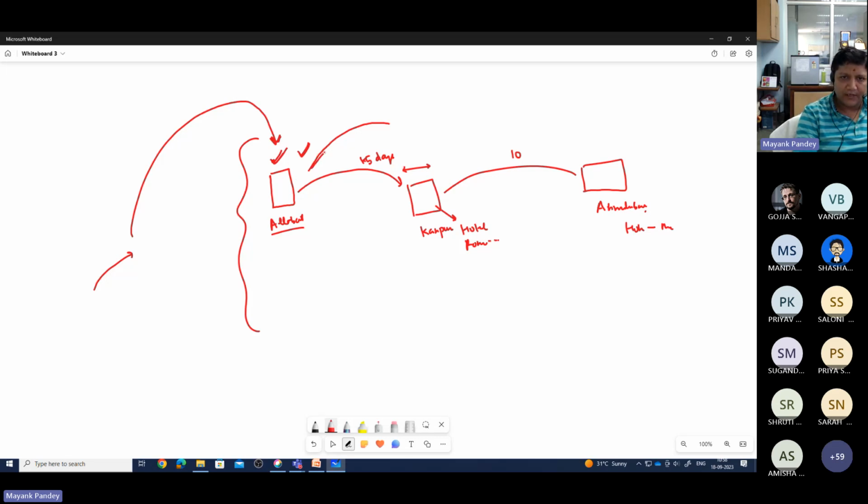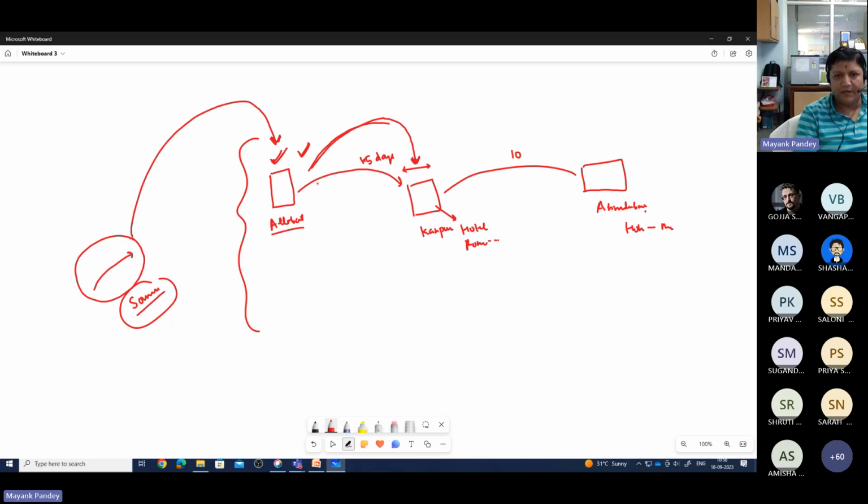So this letter will be forwarded to my Kanpur location, without letting the source know anything. The source does not know where I am. The source has just thought that it has sent the letter to my address.